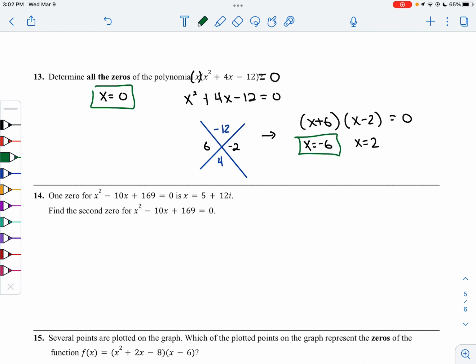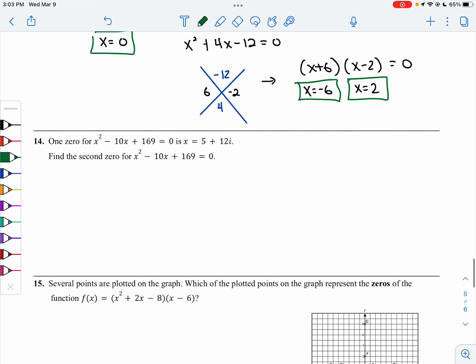And again, we've made mention before that another way to verify that this is correct is that if you were to put that whole equation into your graphing calculator, you would be able to see your zeros on the graphing calculator.